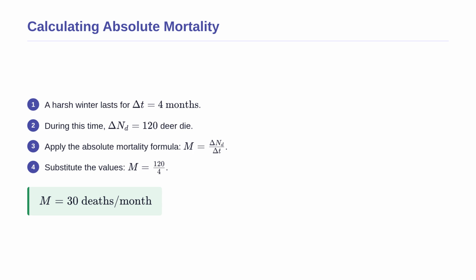We use our formula for M to break this long, harsh season down into a trackable monthly average. We substitute 120 for the dead deer and 4 for the months. Dividing 120 by 4 gives us 30. Physically, this means the herd was losing on average 30 deer every single month during the winter.